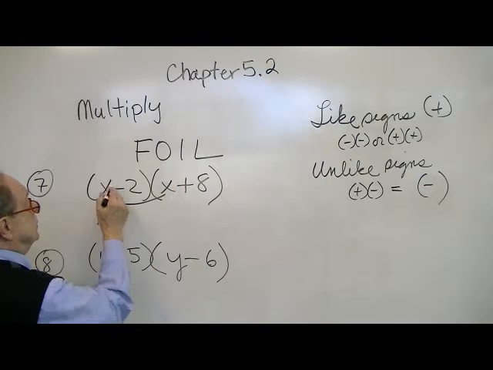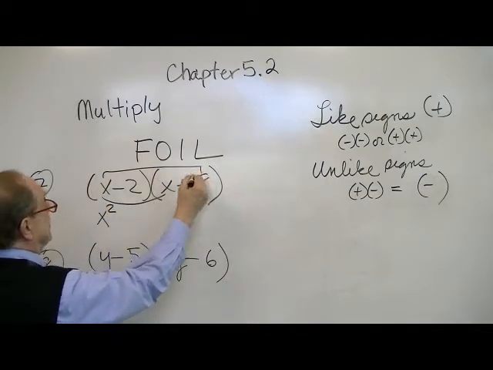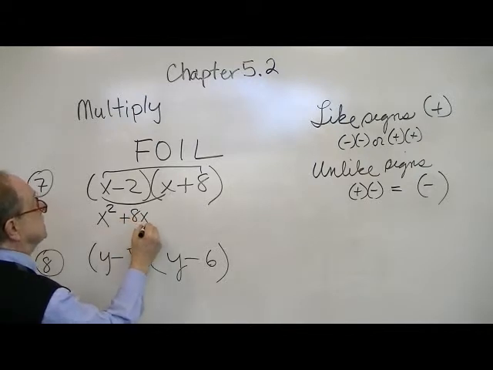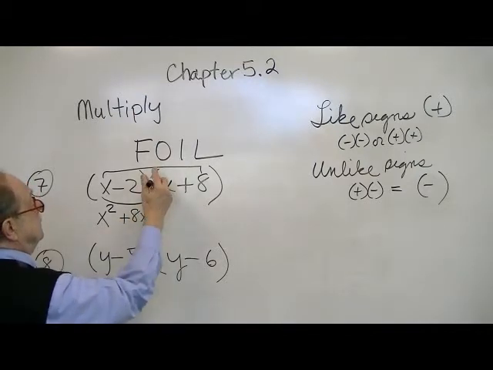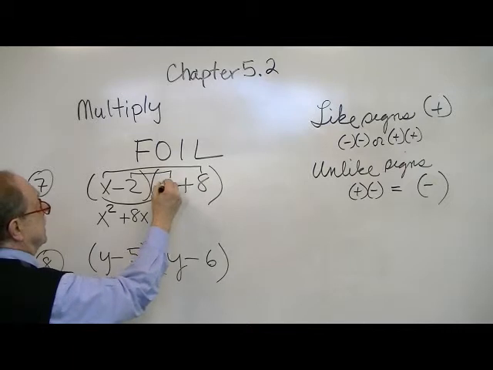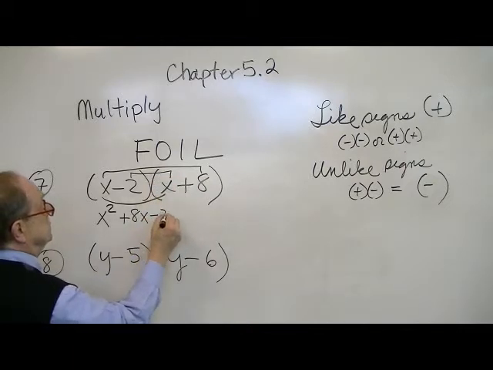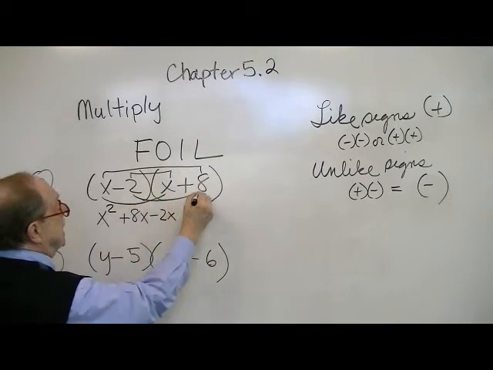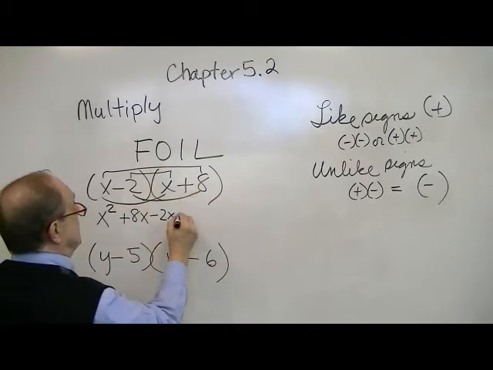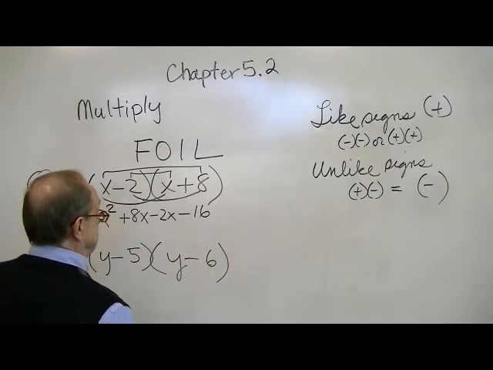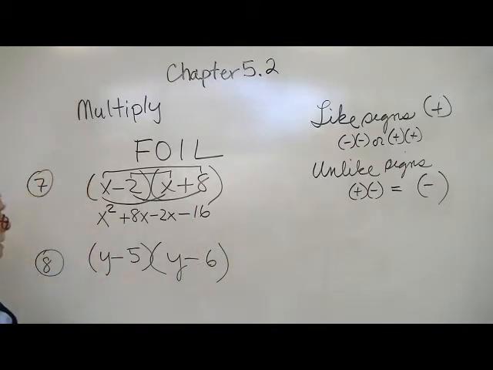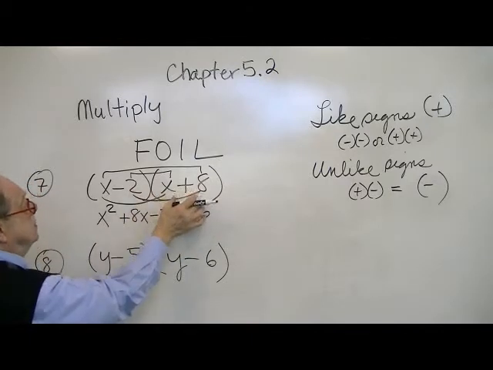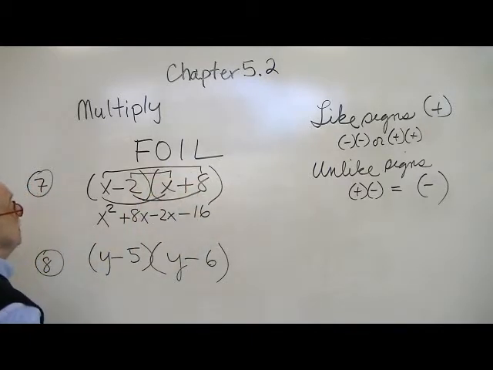O for outers, that will be a positive 8x. I for inners, that's a negative 2x. And L for last, that will be a negative 16. So again, a special method of multiplying binomials, we call it the FOIL.